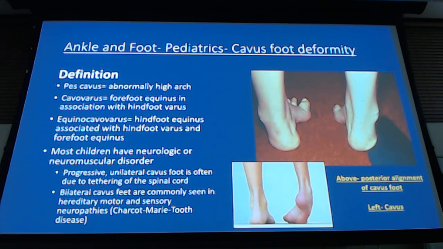If that foot is in varus, it's called a cavovarus foot. And if the foot is in equinus, then it's called an equinocavovarus foot. And because it's related to the foot, the condition is called talipes equinocavovarus.